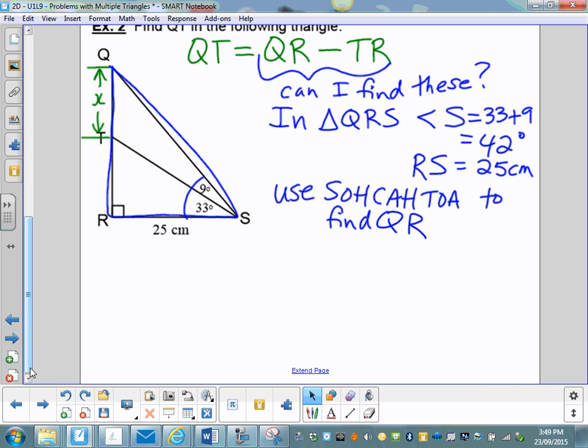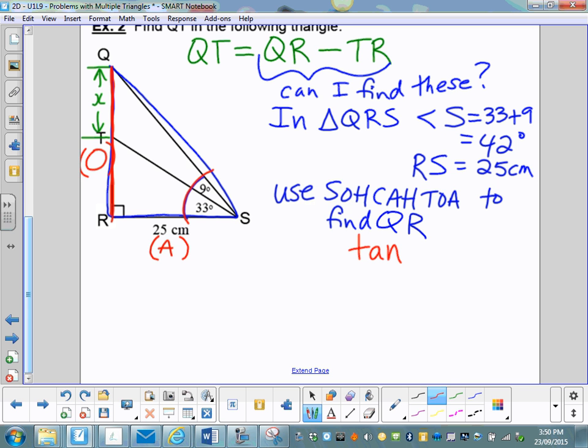So I'm going to label some sides here. In that big right angle triangle QRS, if I'm working with angle S, and I'm trying to find side QR, that side QR is opposite angle S, and the side we know at the bottom here is the adjacent side. So if I'm working with opposite and adjacent, then I'm going to be using tan.